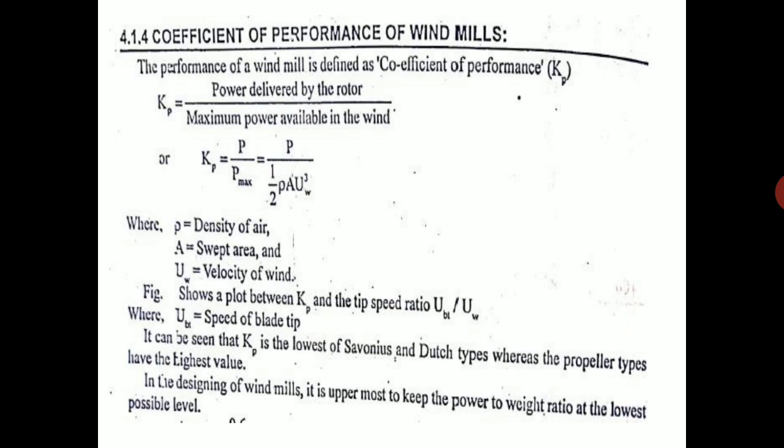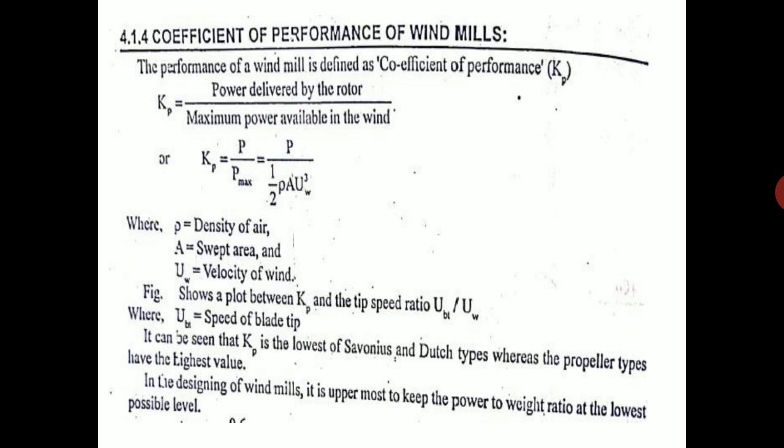And so what is power here? The maximum power, P max, that can be developed is dependent on the density of air, the swept area, and the velocity of the wind. Only three things.